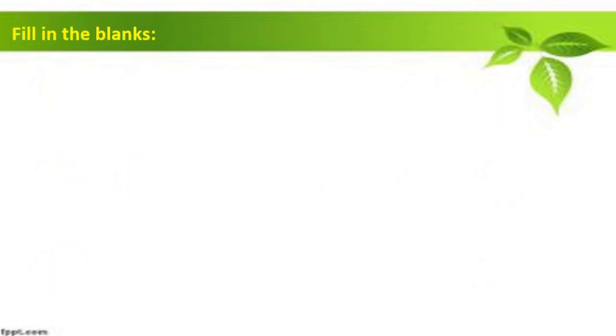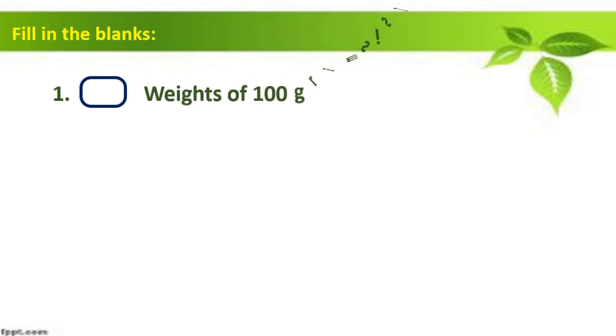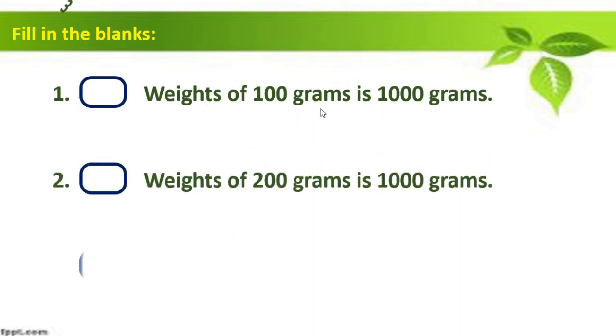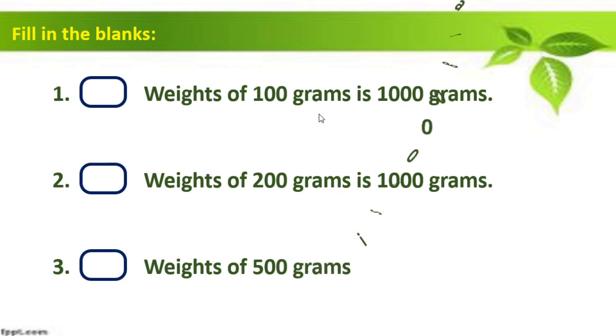Fill in the blanks. Very easy. Dash weights of 100 grams is 1000 grams. Yes, we have a 100 gram stone and we need 1000 grams of that material. Then how many times do you have to measure 100 grams? That you have to tell. Like that we have 3 sums.